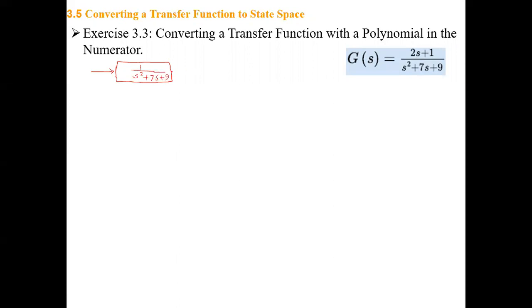Then after that, your input is R(s). Then here the input is X1, right? That's what we did last time. Then we feed this X1 to the other block. In this case, what is the block? 2s plus 1. Then comes out C(s).